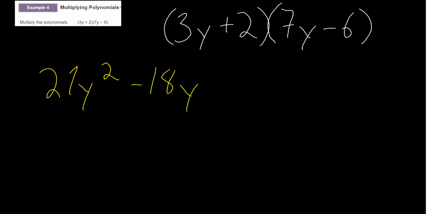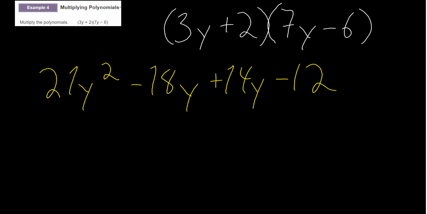I like to put little serifs on my ones if my ones are large enough, just to differentiate. But anyways, FO and then I, the two inners. So 2 times 7y is 14y, so positive 14y. And then my lasts, 2 times a negative 6 is a negative 12. Okay, we're not done there because we have to combine our like terms.